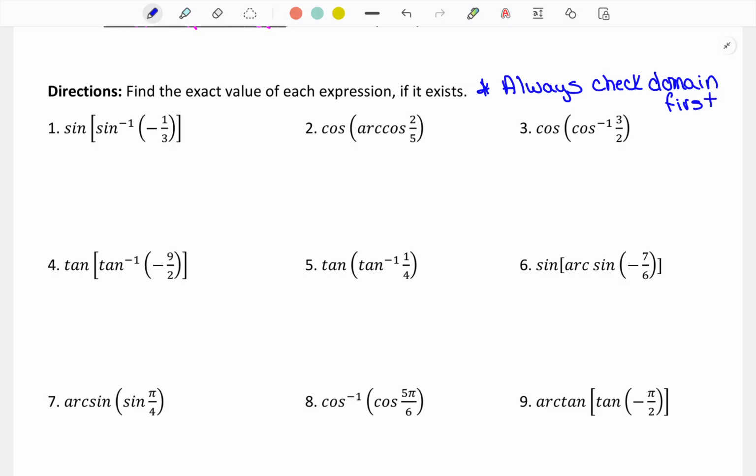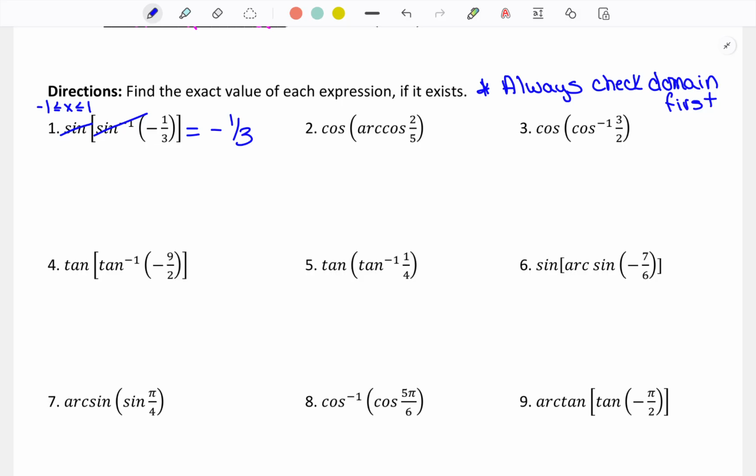So we have first the sine of the arcsine of -1/3. For sine, we need to be between -1 and +1, and we are. So these two functions can cancel each other, and this equals -1/3.